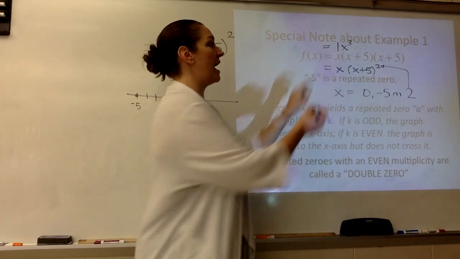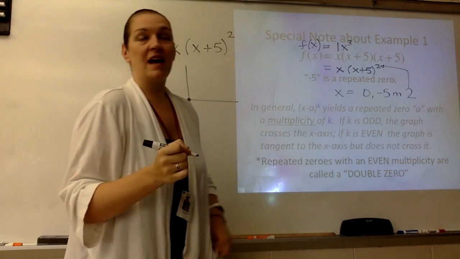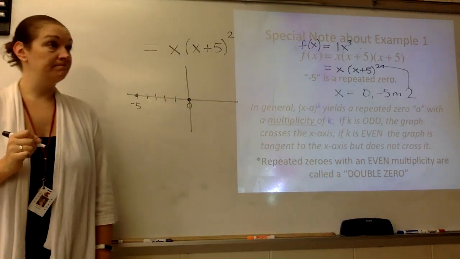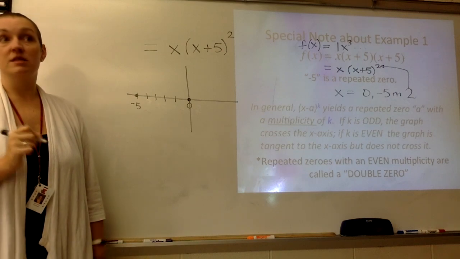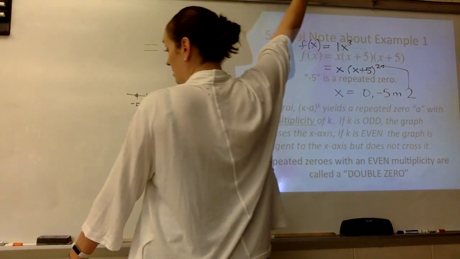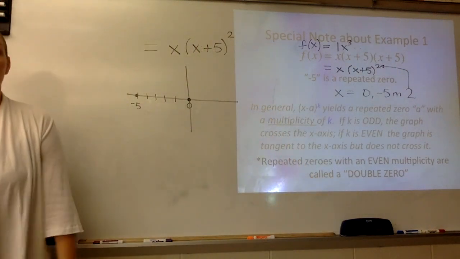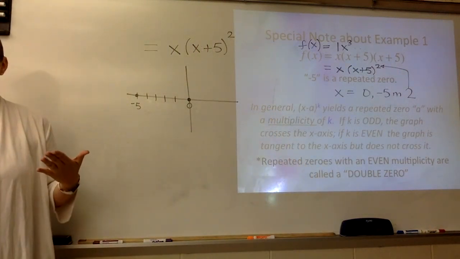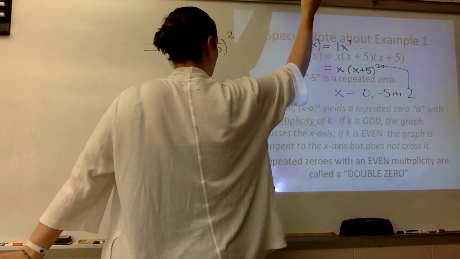If I tell you that I have f of x equals 1x cubed, what's my end behavior look like? Does it look like x squared or x cubed? Does it go like this, or does it go like this? It's my 70s disco move. Which one is it? It's going to rise right, fall left, correct?